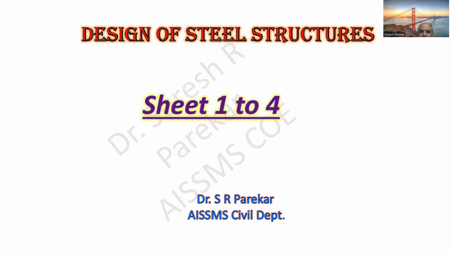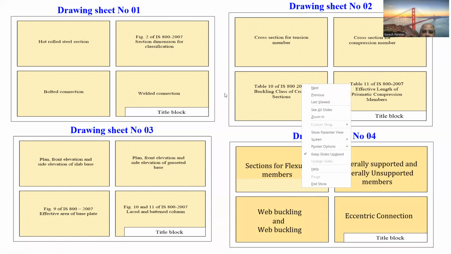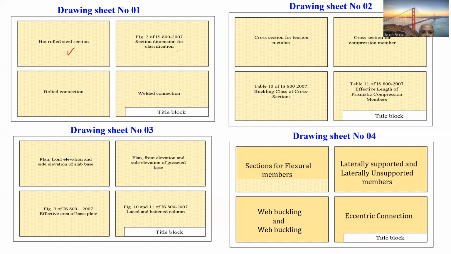Now we are going to be with the second video, which is on our term work. If you remember in the first video, we dealt with four parts of the first sheet, and we have that as hot rolled section, then classification of section.